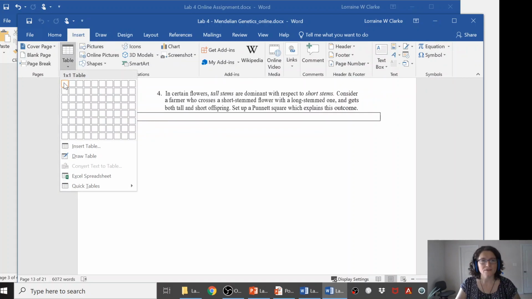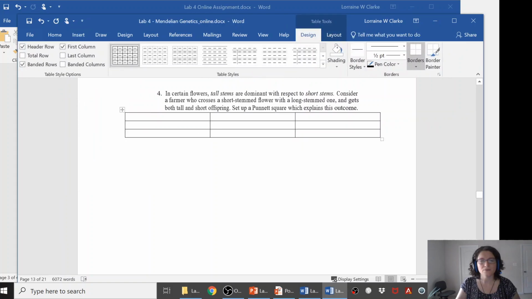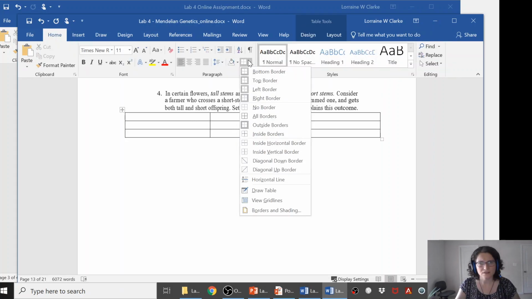You're going to want to insert a 3x3 table. Okay, this will help you, and then if you want, you can get rid of the top and the side here. Okay.